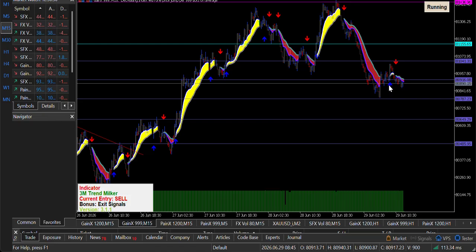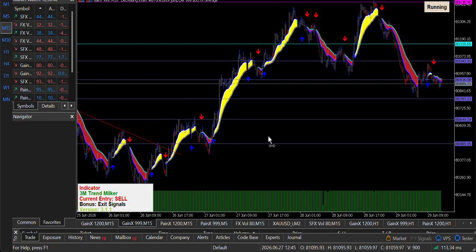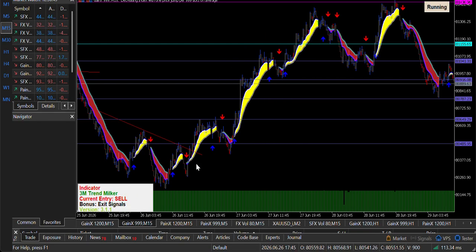Then you should be able to identify a clear breakout. Let me quickly explain this. When the trend gets to the zones, that is either the resistance zone or the support zone, there is what we call a breakout.